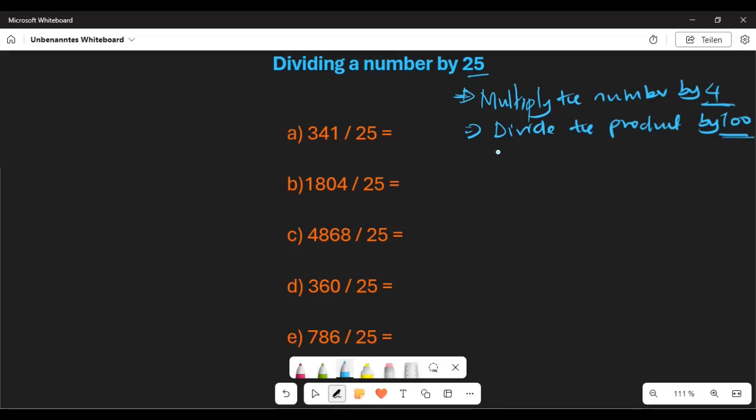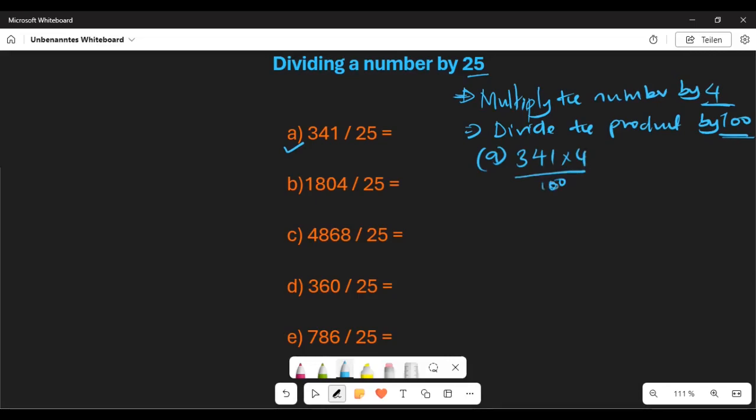Okay, so let's look at our questions here and see how we can apply that. We have A, 341. What we're going to do is say, what is 341 multiplied by 4, and then we divide it by 100.